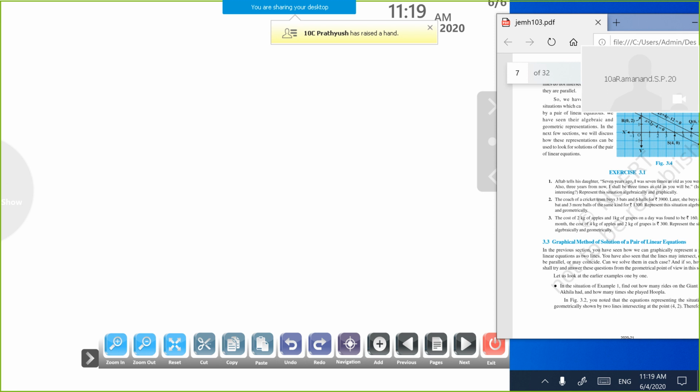After a month, the cost of 4 kg of apples and 2 kg of grapes is rupees 300. Represent this situation algebraically and graphically. Okay, you can prepare the algebraic equation.